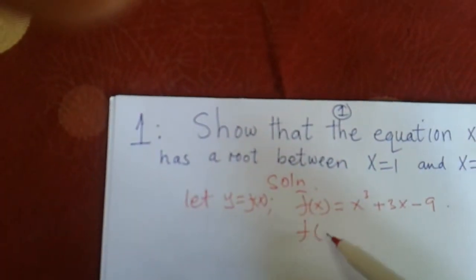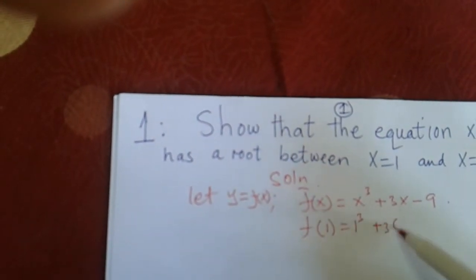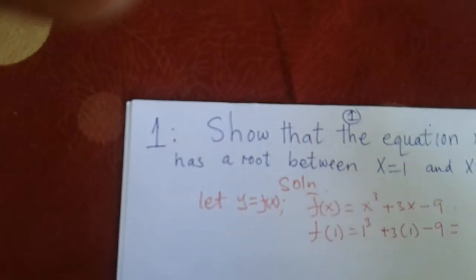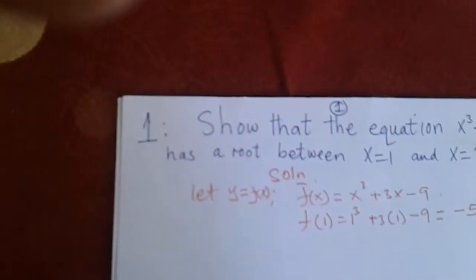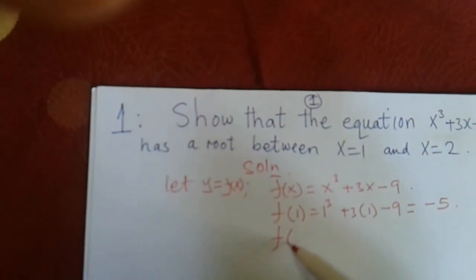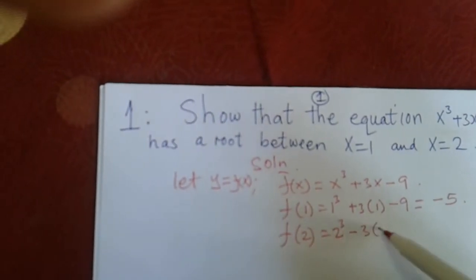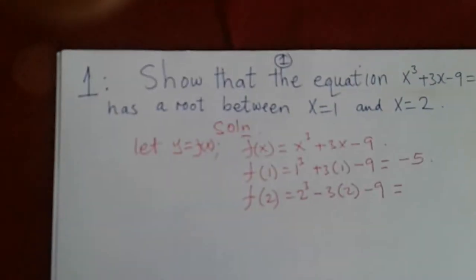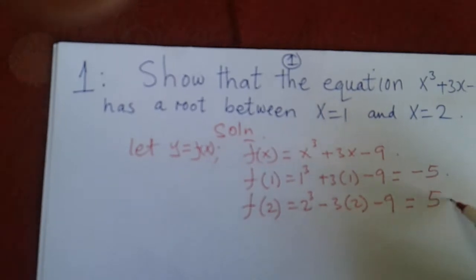Then f of 1 will be 1 cubed plus 3 times 1 minus 9; use your calculator, it will give you negative 5. Then f of 2 is 2 cubed plus 3 times 2 minus 9, and when you use your calculator, f of 2 will give you 5.